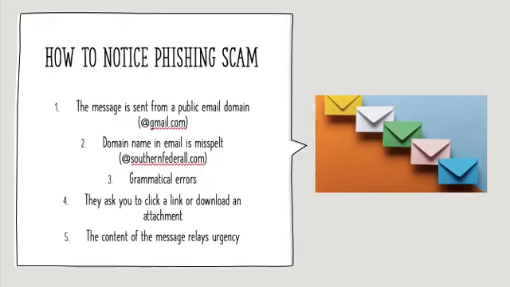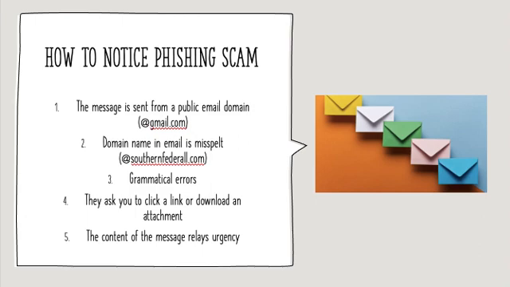So, ways to notice a phishing scam. If the message is sent from a public email domain, such as at gmail.com. So if you get an email from a stranger, take a look at the address that they're sending it from.